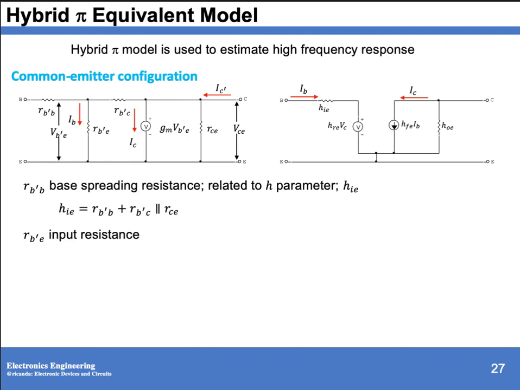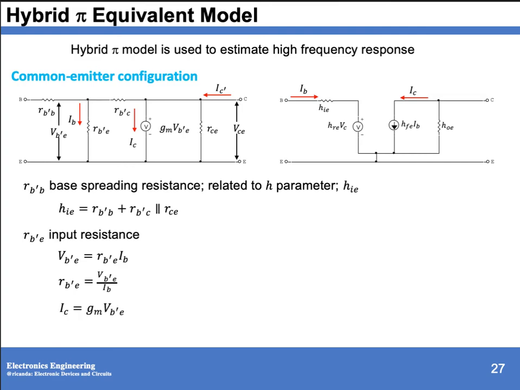Then your RB'E, which is equivalent to your input resistance, is equal to V_B'E over IB. We have to solve your RB'E using your voltage B'E. So the voltage across RB'E is equal to your voltage B'E. Therefore, RB'E is V_B'E over IB.